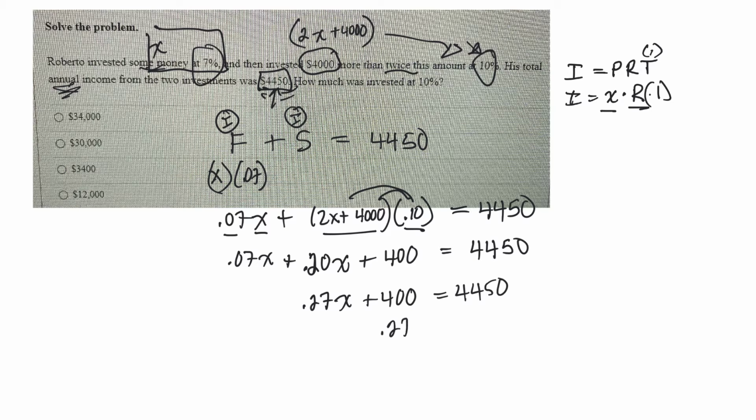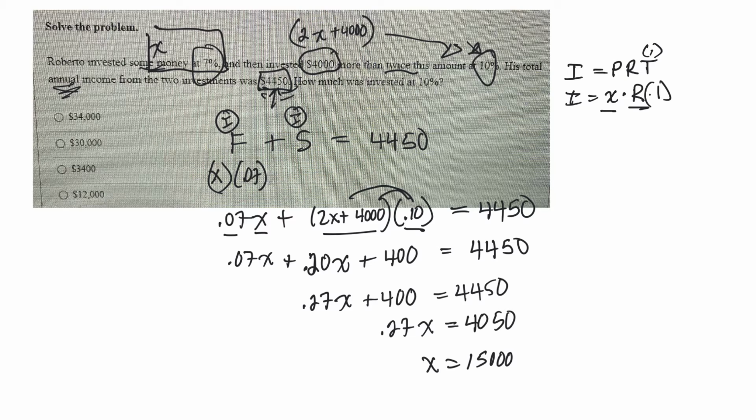So 0.27x is equal to 4,050 if I subtract, and then divide both sides. Let's see what we get. Hopefully it comes out decent. 4050 divided by 0.27 is 15,000. That sounds like a nice number.